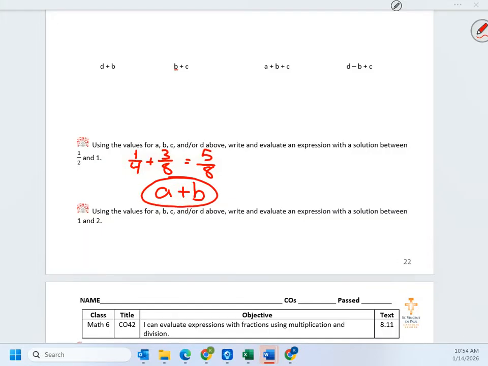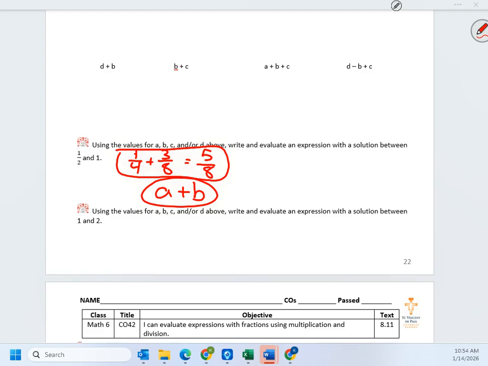It says write and evaluate an expression. So A plus B, and I show what it actually is, 1/4 plus 3/8. I worked it through, and I'm showing that answer. My answer of 5/8 is between 1/2 and 1. Half would be 4/8. It's not 1 whole, that would be 8/8. So my solution is in between 1/2 and 1.